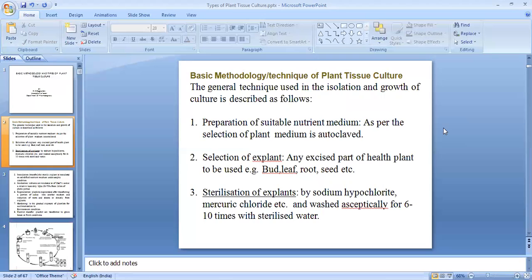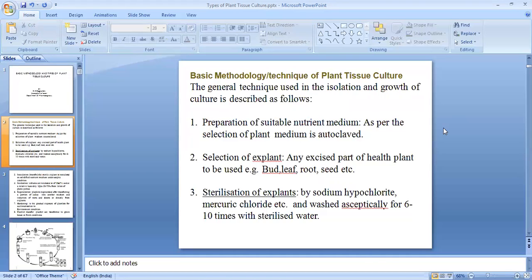So for which kind of cell culture and what type of medium you're going to use, you have to select and you have to weigh the appropriate nutrients required for the preparation, dissolve it in the deionized double distilled water and adjust the pH, add all the required solidifying agents and other things, then you have to autoclave it. Okay, so thereby you have to prepare your suitable nutrient medium.